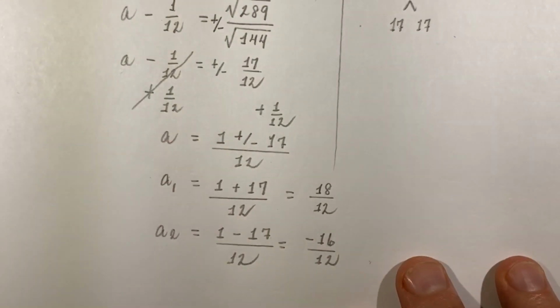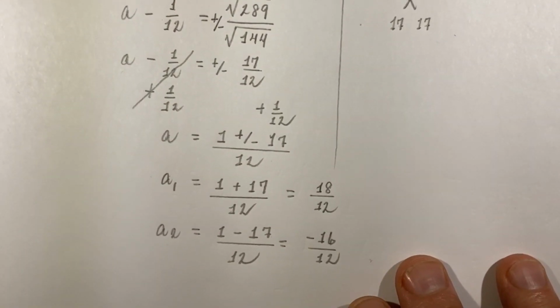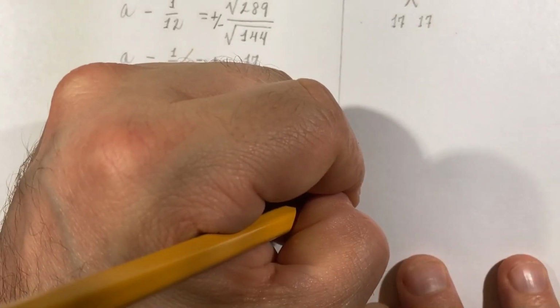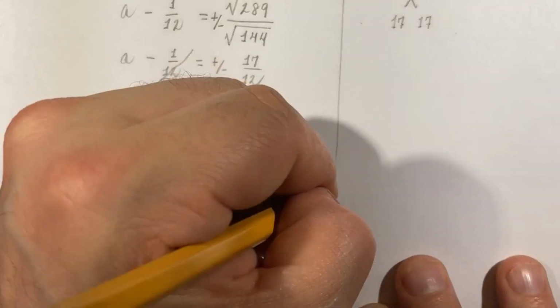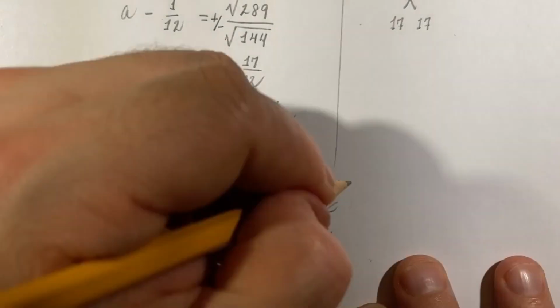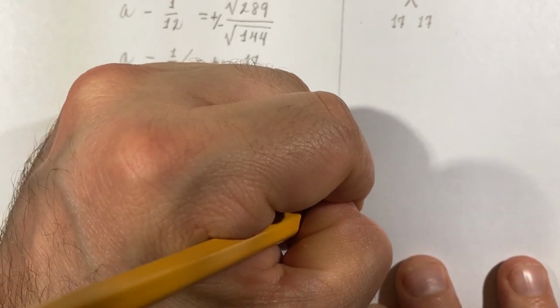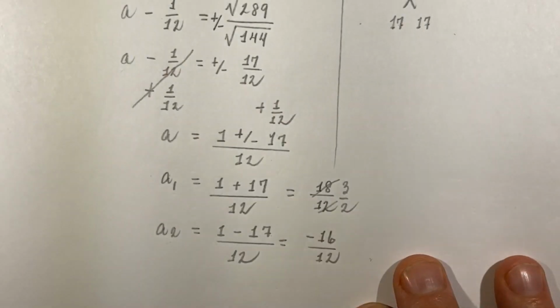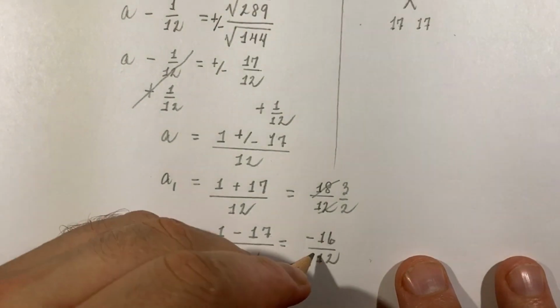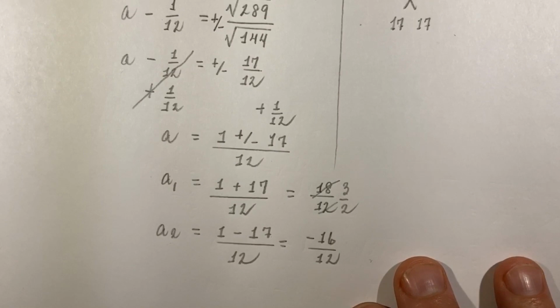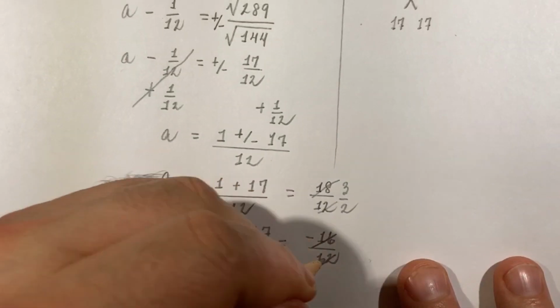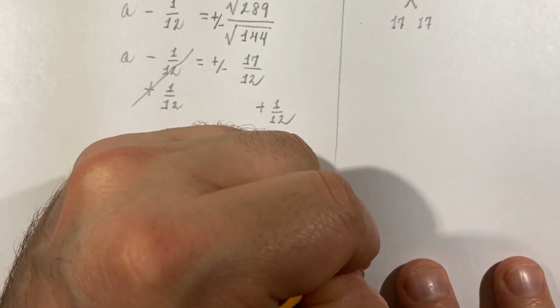So 18 and 12 have a greatest common factor of 6. So if we divide the top and the bottom by 6, we get 3 over 2. Okay? And over here, 16 and 12 have a greatest common factor of 4. If we divide negative 16 by 4, we get negative 4.